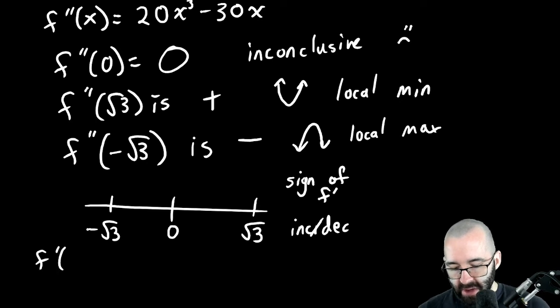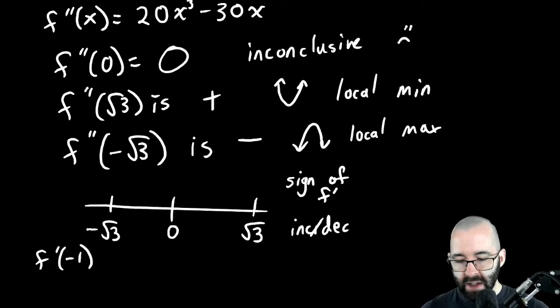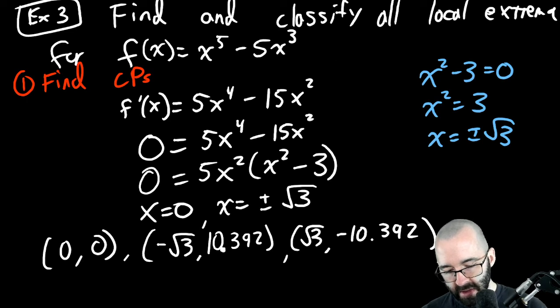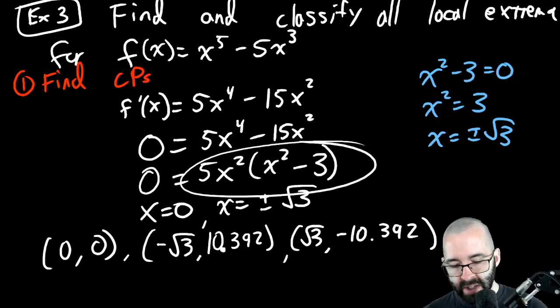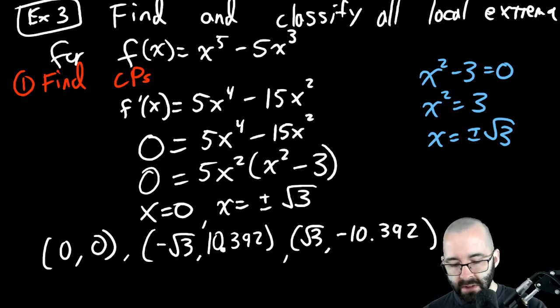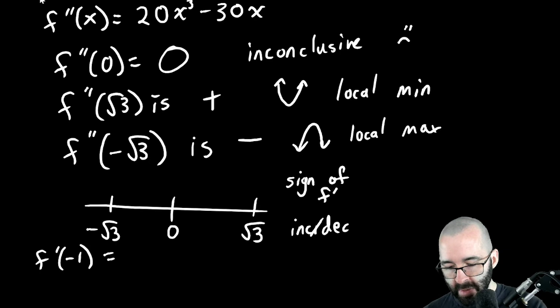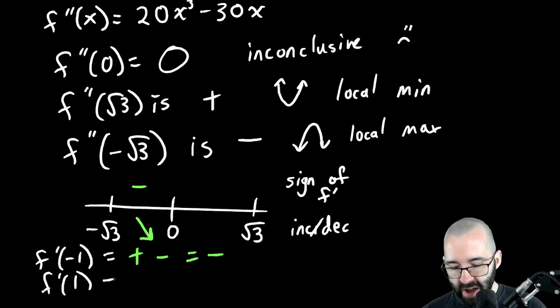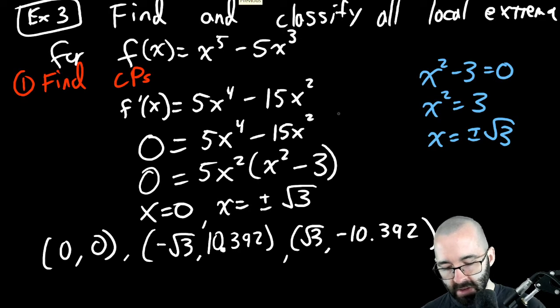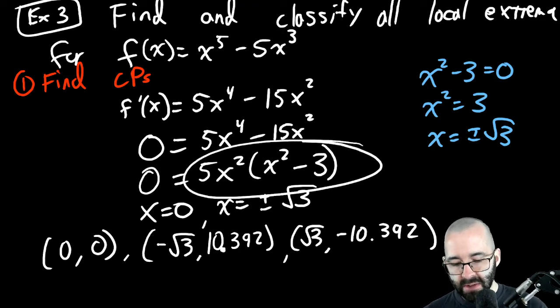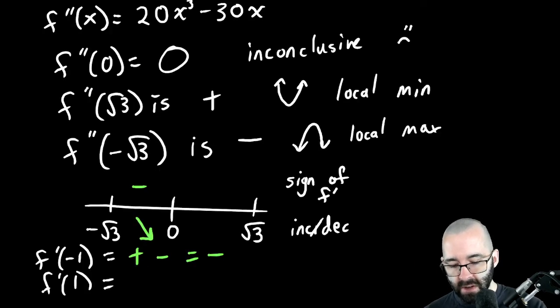So the first derivative at -1. This is the first derivative when it's -1. That's going to be a positive times a negative. Remember that logic that we did before. Positive times a negative is a negative. It's negative, or decreasing, in this interval. The first derivative at +1, when we plug in +1, again, it's positive times a negative.